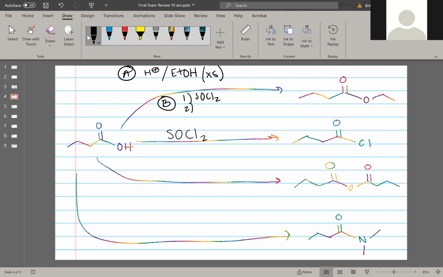Wouldn't it just be ethanol? Yeah, you could do ethanol. It would be even better if you just did ethoxide, because then you wouldn't have to worry about deprotonating an intermediate.